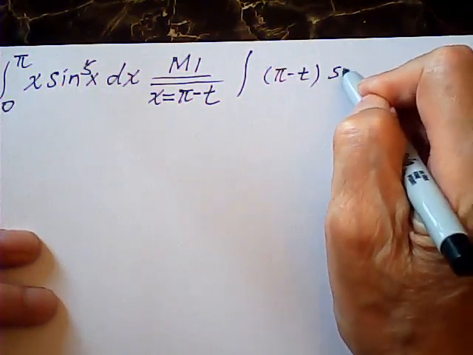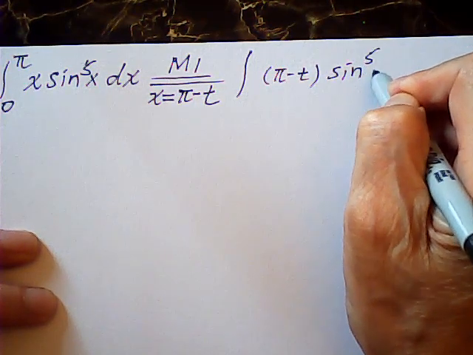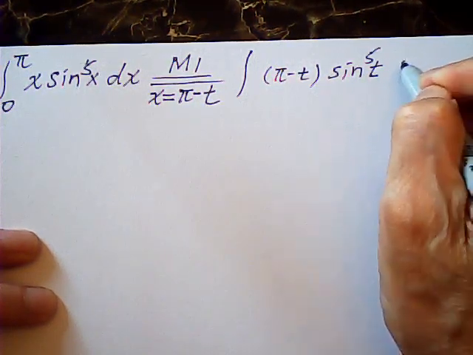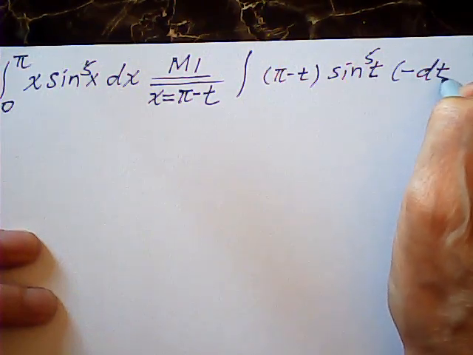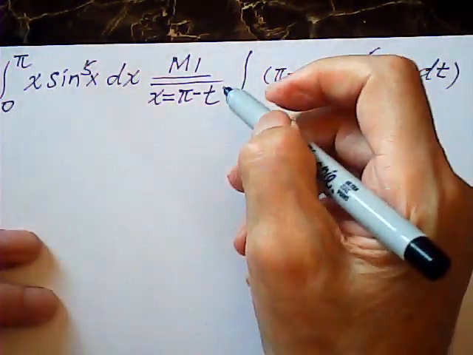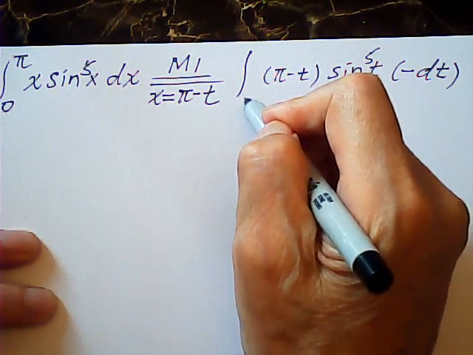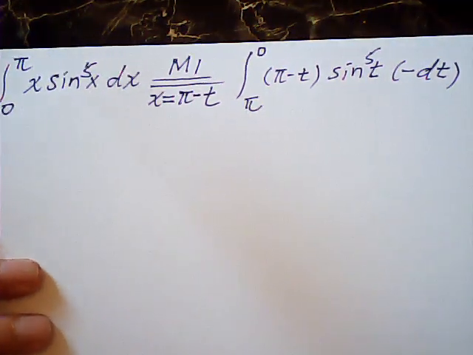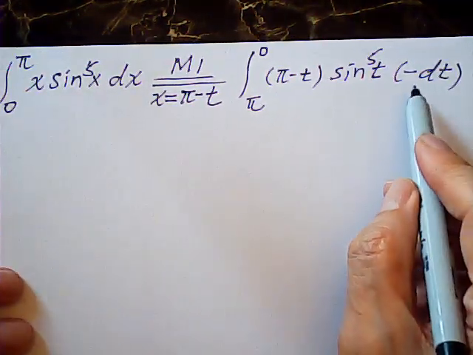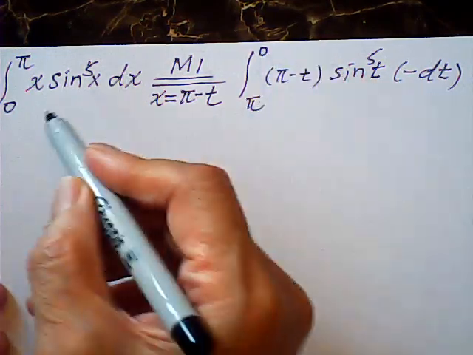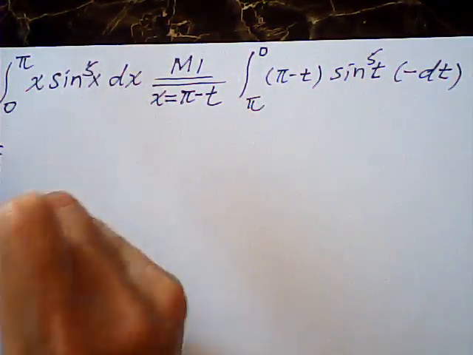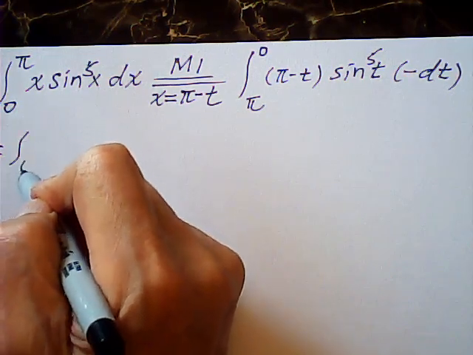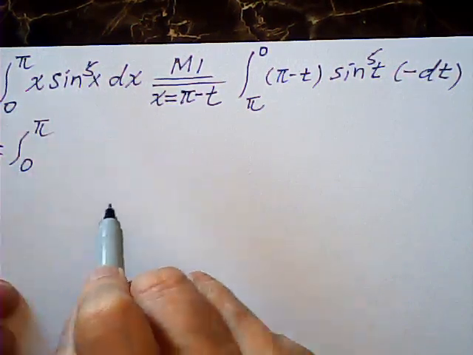So this is sine 5th power t and a negative dt. The boundary will be changed from pi to 0. Then I use this negative to switch the boundary to become from 0 to pi, isn't it?